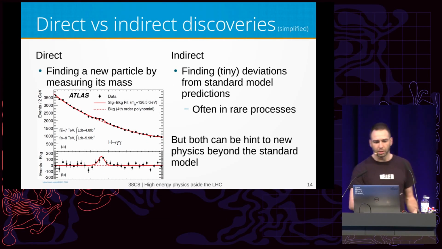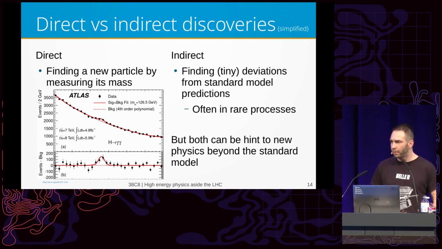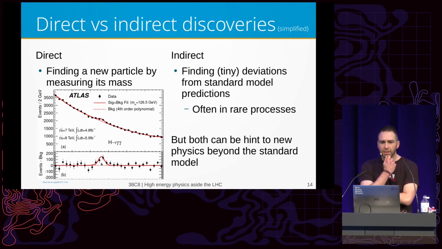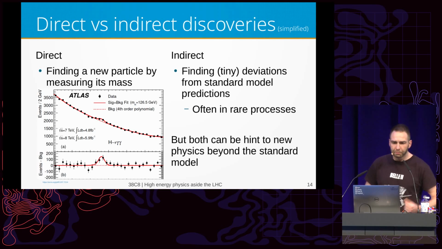If we found a new bump like this somewhere at high energies, we could be pretty sure that there's a new particle that maybe we do not yet understand. But for example, if this tiny bump was 10% larger or smaller, we would say this doesn't really fit what we expect from the Higgs. So is there something more to the Higgs model itself? Where do these deviations come from?